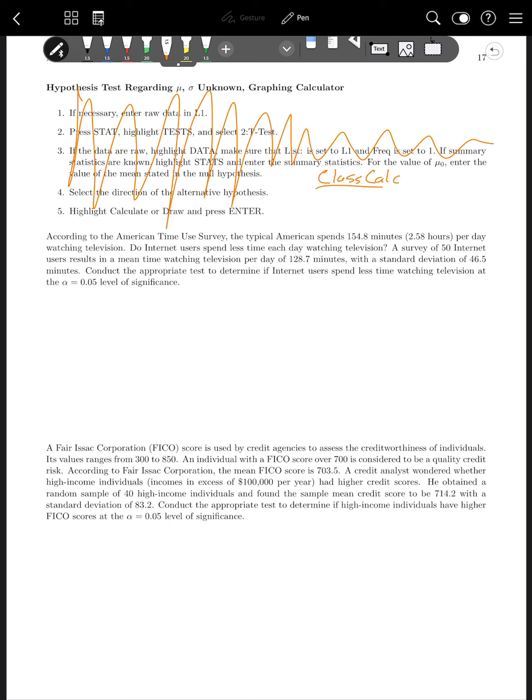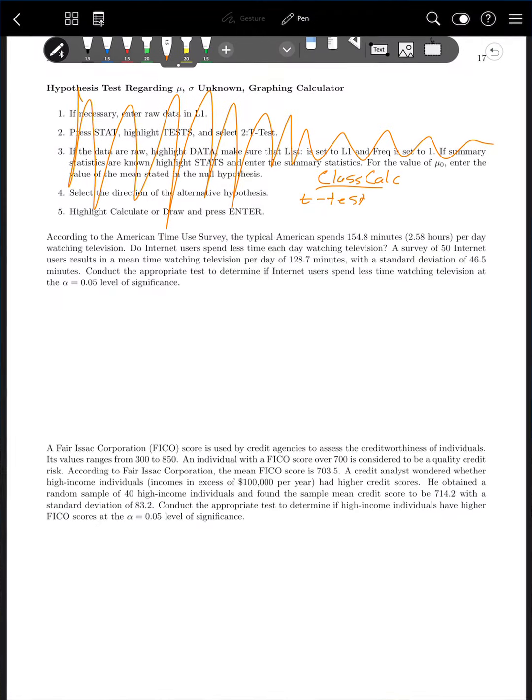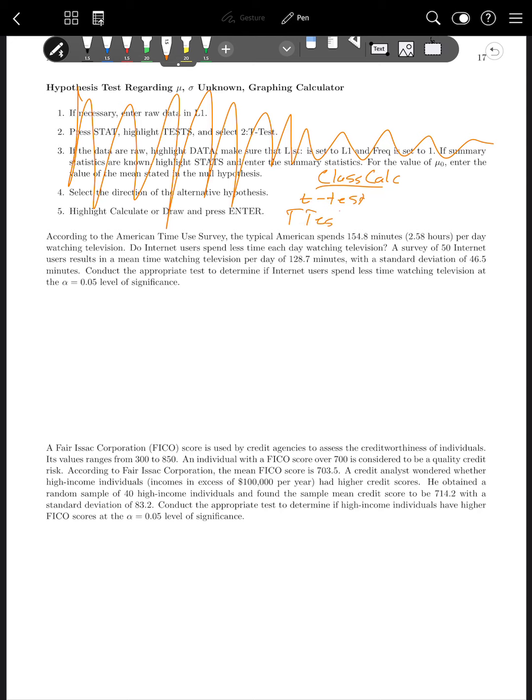So you're going to use the t-test, and when you do that, the calculator will say t-test, and then it's going to want your mu value, x bar, s, and n. So let's look at an example.